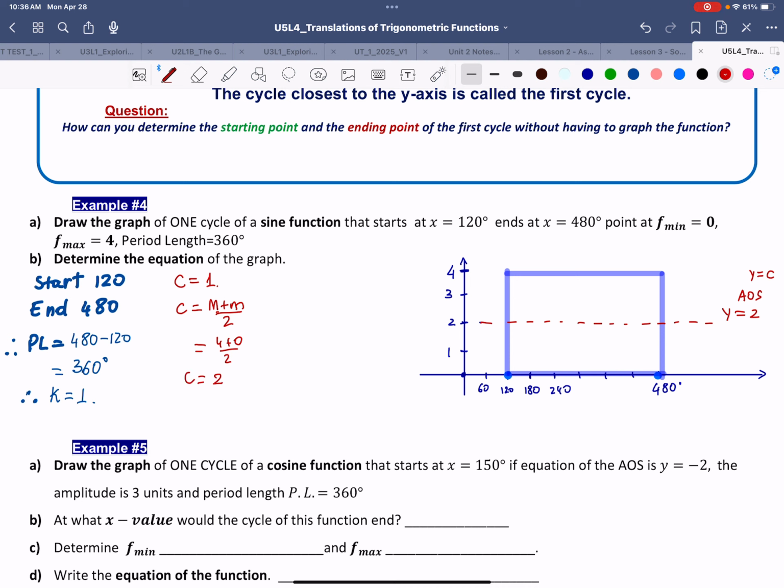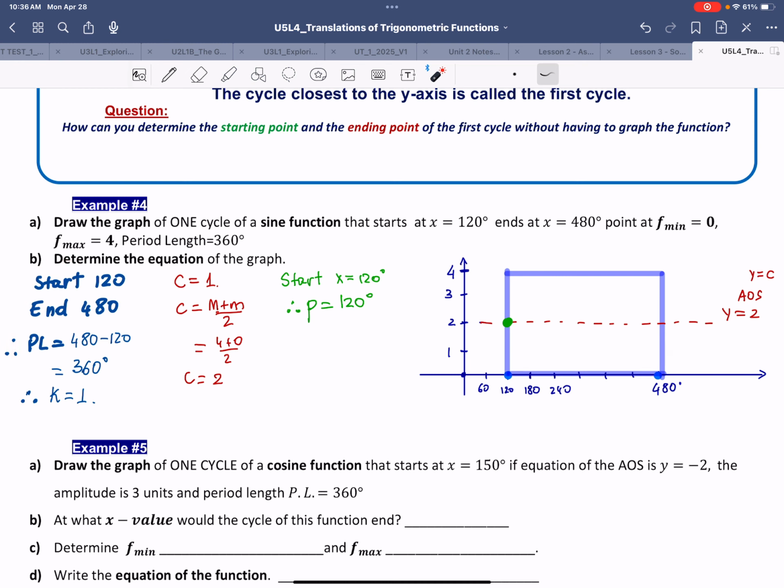Now, since the function starts at 120 degrees, and it is a sine function, that will give us the phase shift. So the starting point of the graph will give us the phase shift p, 120 degrees. Now, the endpoint of the graph is used to also determine the coefficient k.